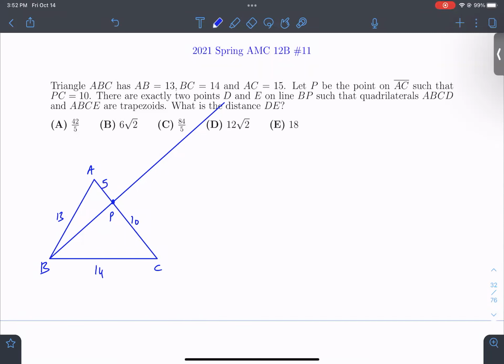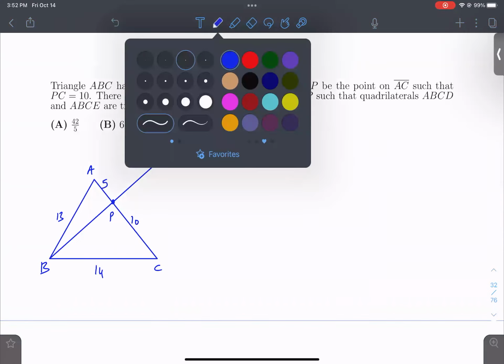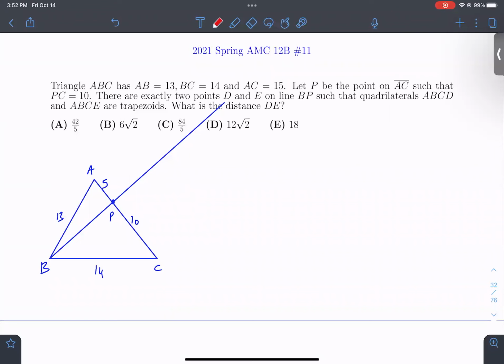There will be 2 points on this line BP, and we are going to form a trapezoid. A trapezoid has a pair of parallel sides. Let's say this point is D, and we have a trapezoid ABCD, this is parallel. And we have another trapezoid. If we draw another parallel line to AB, it will be somewhere here.